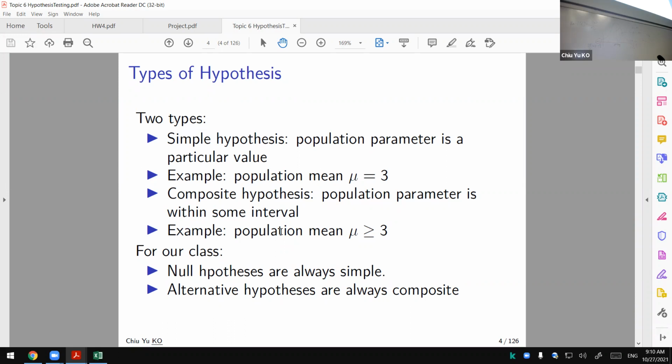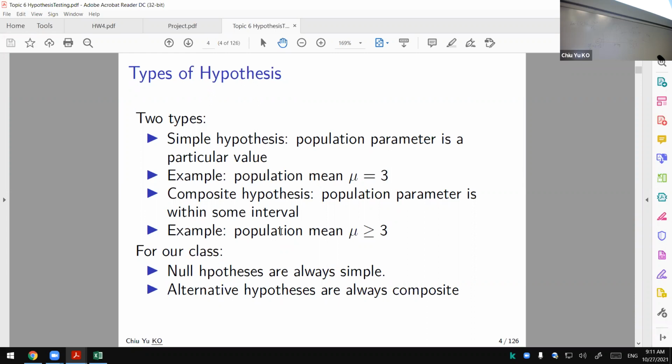And our alternative hypothesis is always composite. So you may ask, can we swap it, make a composite null and then a simple alternative? Yeah, but this is beyond what we should do. You can do it if you go to advanced classes, but we are just focusing on simple, but you will see this is already very useful.